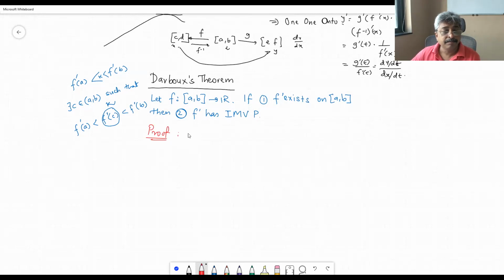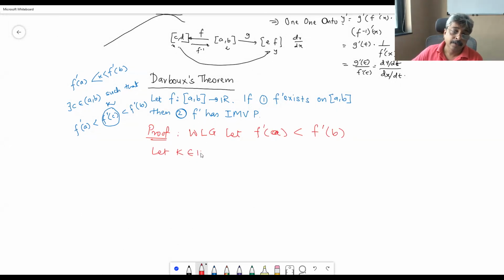Without loss of generality, let f dash of a be less than f dash of b. Let k belong to R be such that f dash of a is less than k is less than f dash of b.